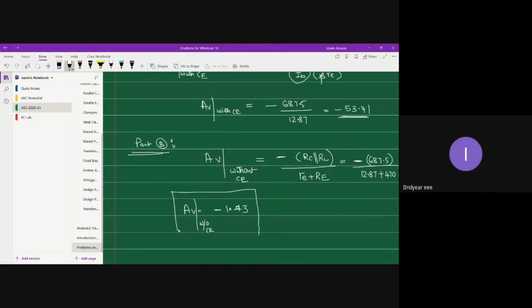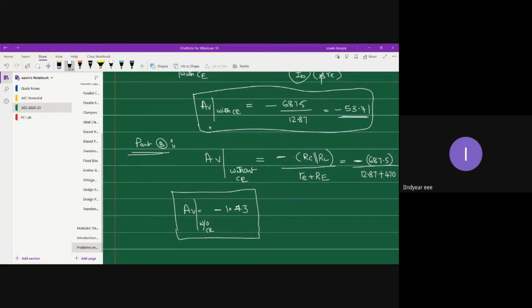Just compare these two results. This is what happens even in the lab. Sometimes when you rig up this RC coupled amplifier, by mistake the capacitor connection may not be proper, the capacitor may be loosely placed inside the breadboard.